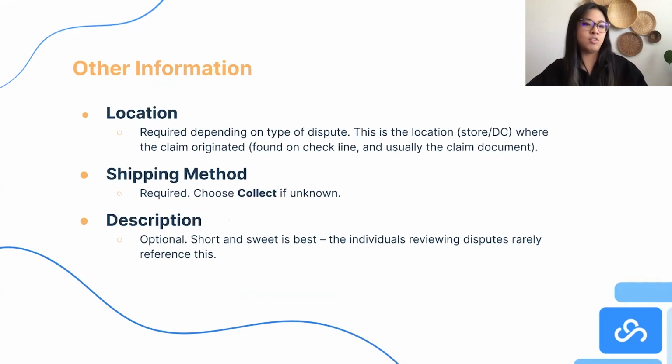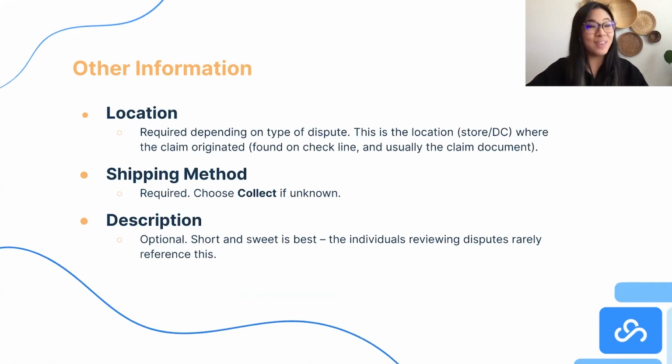Another pro tip is we recommend using collect if you are not sure, but your transportation and logistics team should be able to provide guidance on this. Again, if you are unsure, go ahead and use collect. And then the description is technically optional, but we recommend going ahead and putting information in.